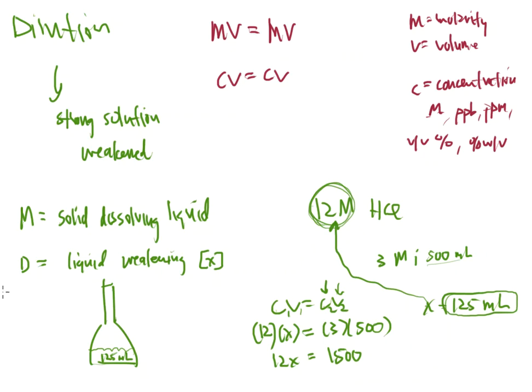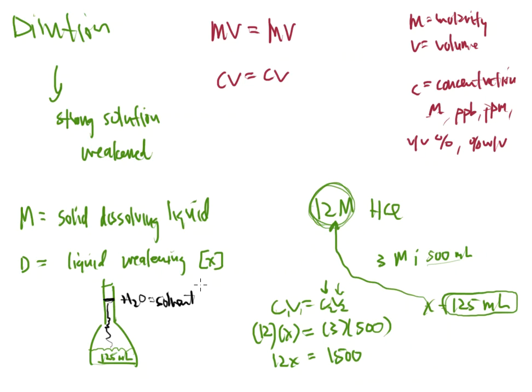And then I'm going to weaken it down. And what happens is that I add water up to the neck of the line, if that's my solvent, right? Water's typically the solvent, not every single time, but in this case it is. I'm going to add enough water till I get to the 500 milliliter mark.